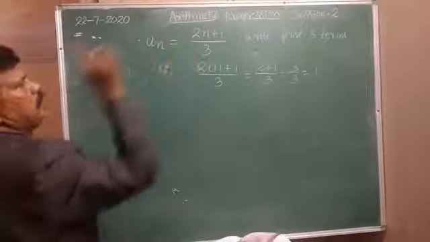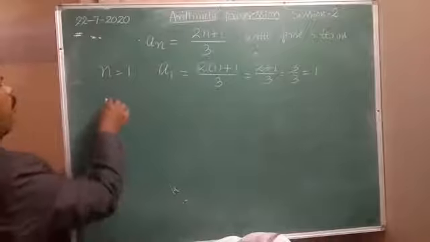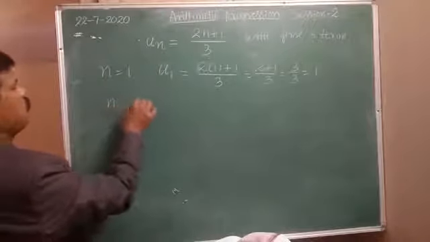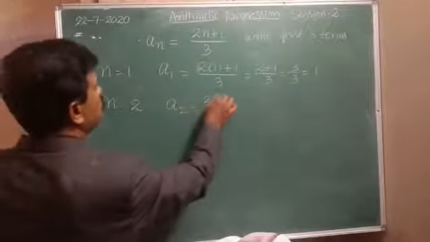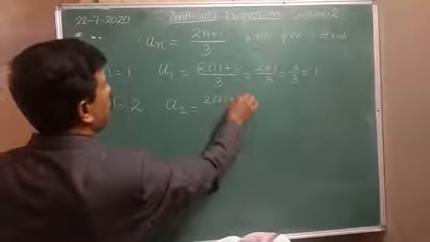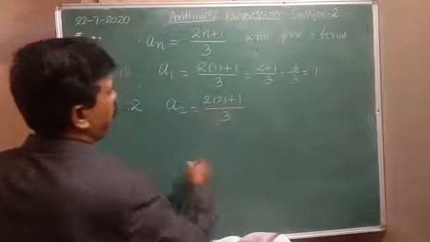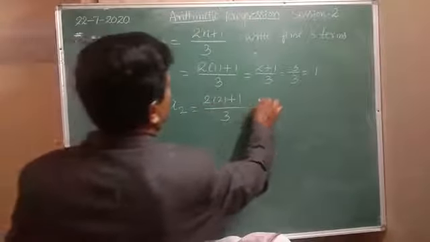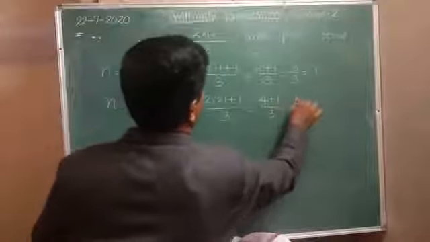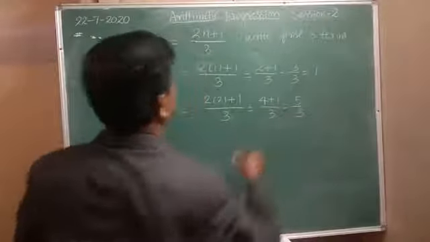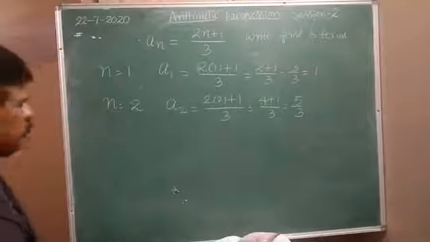Then n is equal to 2: a2 equals (2 into 2 plus 1) by 3, that is 4 plus 1 by 3, which is 5 by 3. This is the second term.